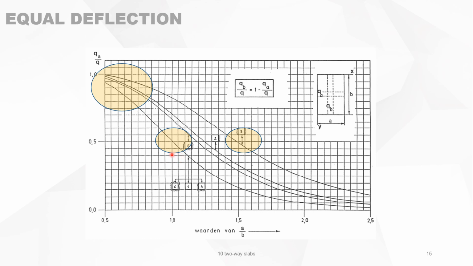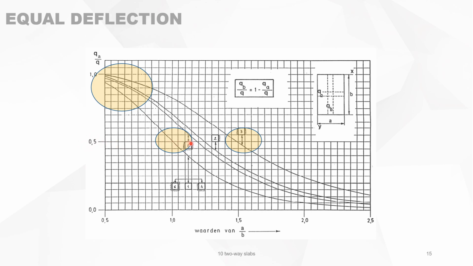Another thing is that for each type of slab, there is a specific proportion A over B where the carried over load is identical. So QA is equal to QB, or QA over Q is a half.